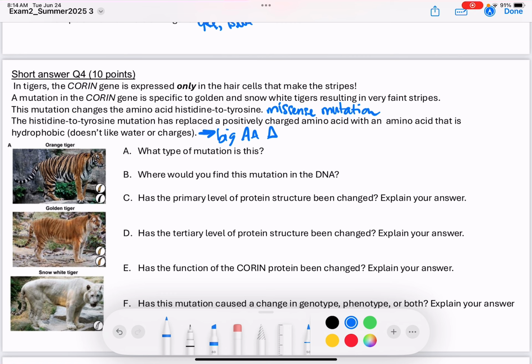Okay, so what type of mutation is this? All right, I already said that. It's a missense. Where would you find this mutation in the DNA? Okay, so here I could find it in the coding region of the DNA. Has the primary level of protein structure been changed? Okay, so the primary level of protein structure is just the order of amino acids, right?